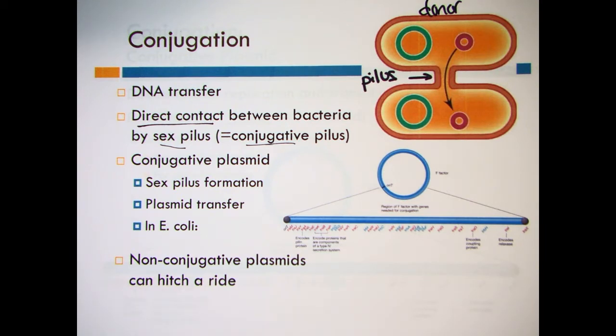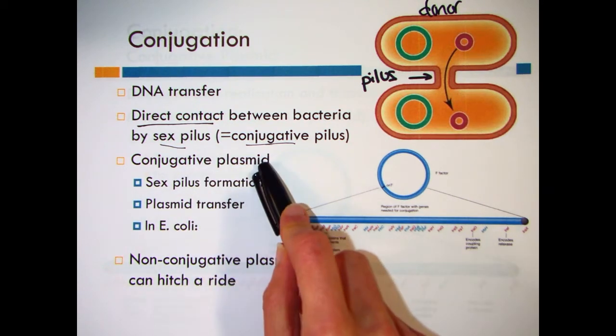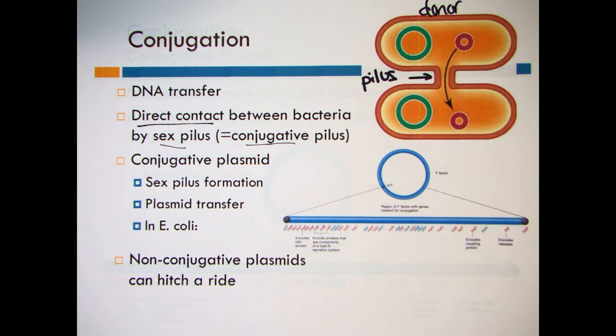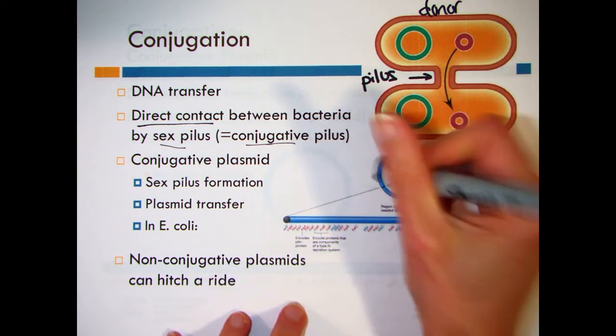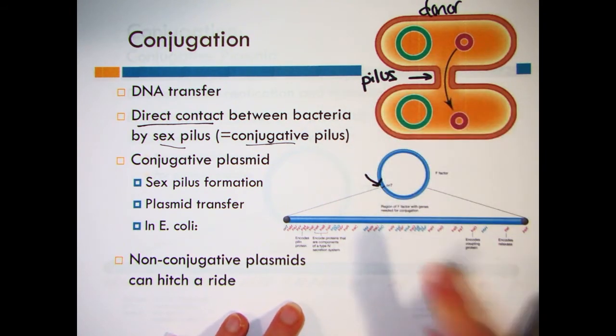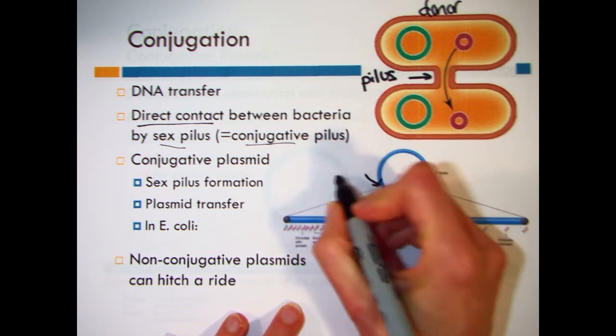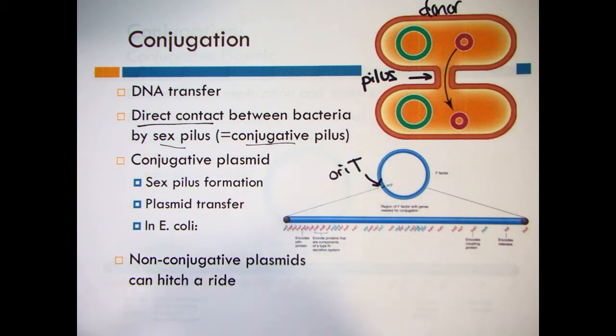This process only works if the donor cell has what is called a conjugative plasmid. The conjugative plasmid is critical to this process because, right here, you can see that little dark line. This is ORI-T, which stands for origin of transfer.